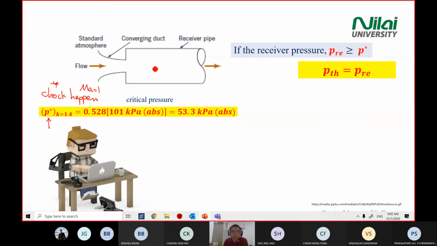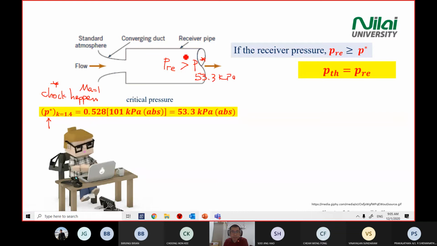If your receiver pressure, P sub RE, is larger than your critical value, so in this calculation your critical value is 53.3 kilopascal.